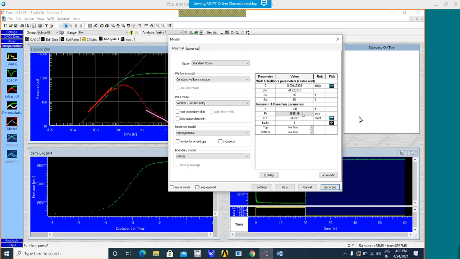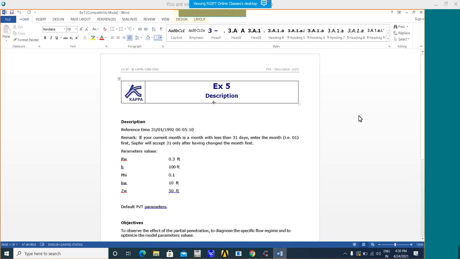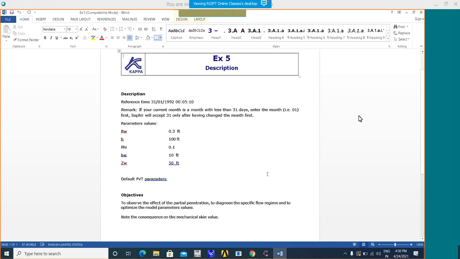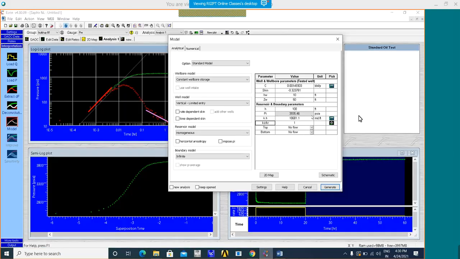H was 100 feet. Pi, you need not change it, because this is KZ by KR, the permeability contrast. But it is not defined in the problem statement. They did not talk about the permeability contrast. So we'll keep this as one, as the model says.